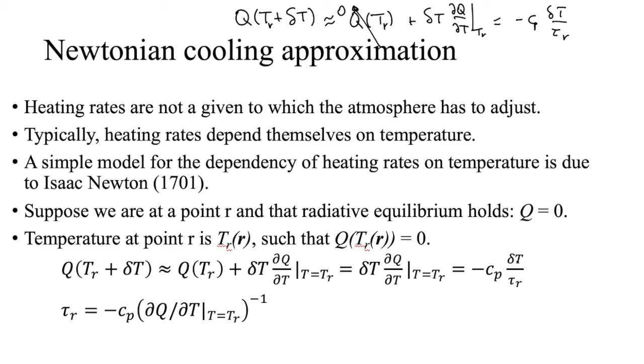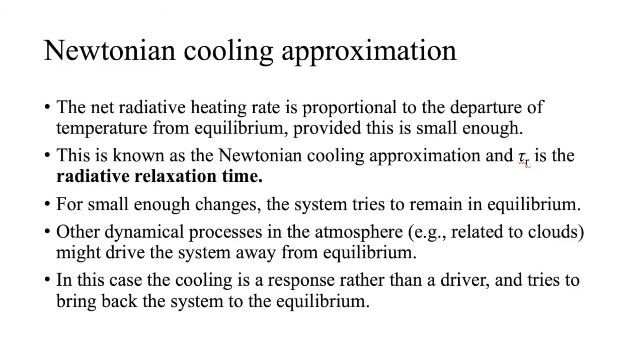You can always assume that for small enough variations, the heating is proportional to the temperature deviation times some time scale that you can estimate. This time scale is known as the radiative relaxation time. This is called the Newtonian cooling approximation, and it's sometimes used when you do a calculation of the atmosphere.